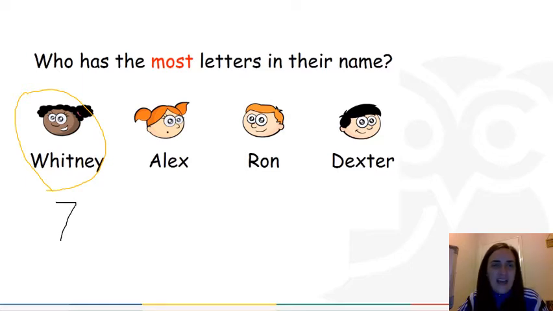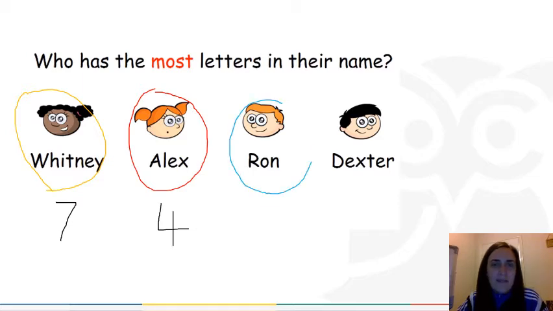How many letters are there in Alex's name? 1, 2, 3, 4. Did you count 4? How many letters are there in Ron's name? Count them on the screen. 3.